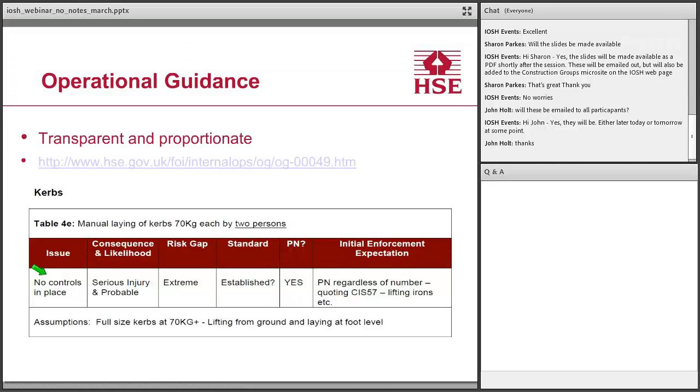And you can see here that the HSE experts think the risk gap is extreme, that there's ways of doing this work which is safe, and the way which is currently being used is unsafe. I'll try to explain that better in a minute.